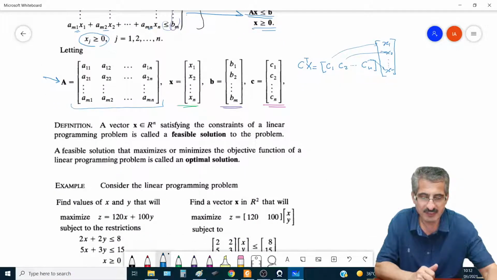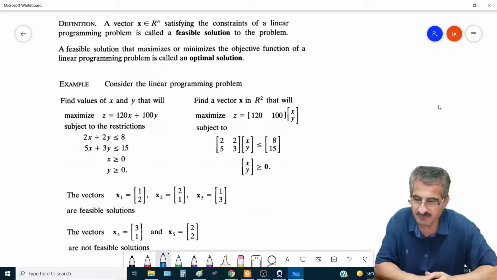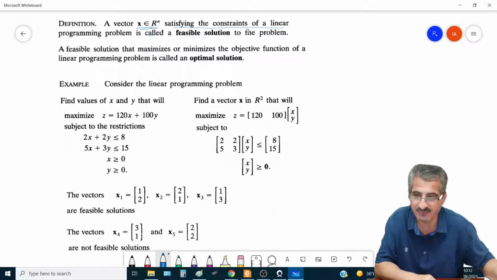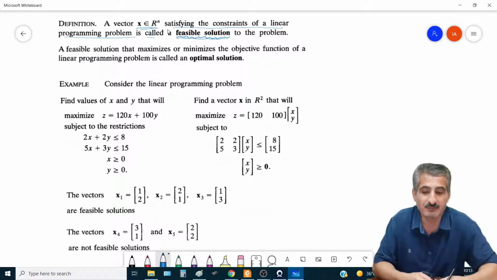We need to say more about that. Let us start with the following definition. A vector x from R^n satisfying the constraints of the linear programming problem is called a feasible solution to the problem.